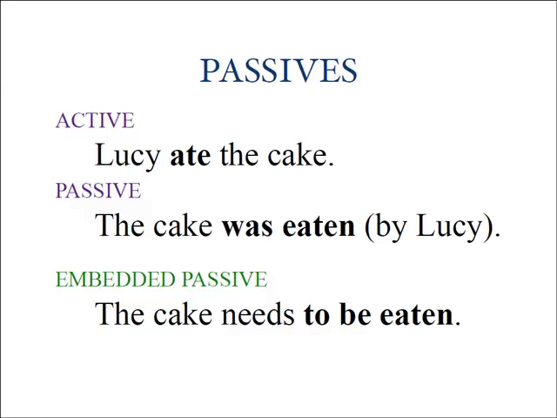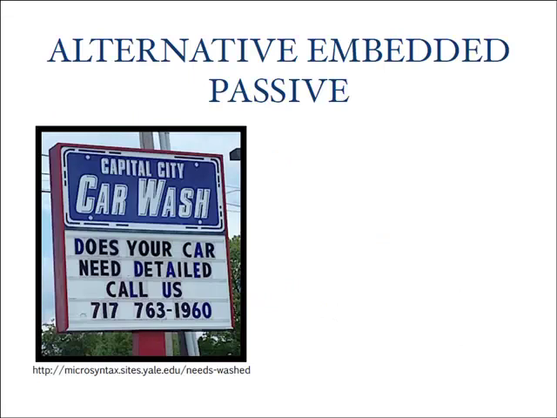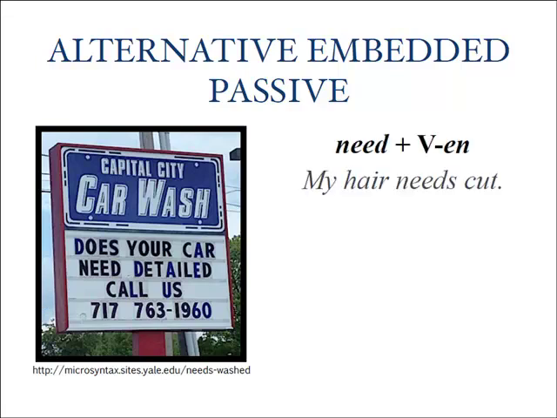Okay, so these are all fairly standard forms. So the form I want to talk about today is what I call the alternative embedded passive. And this example is from, I think this was found in Pittsburgh. So does your car need detailed? Right, so we get this alternative embedded passive, or AEP, with need primarily.